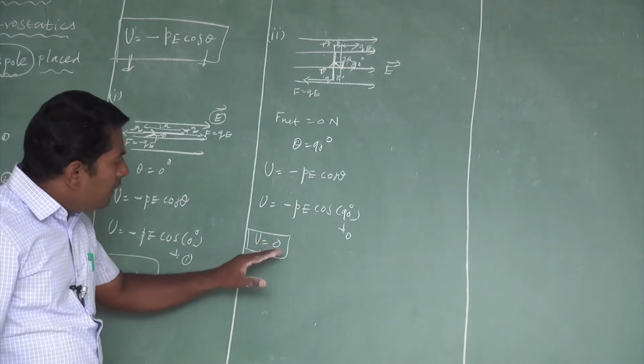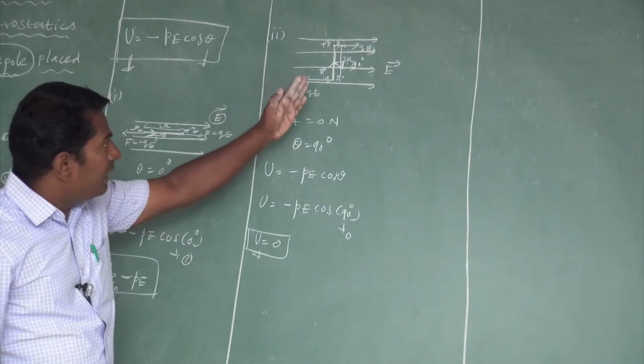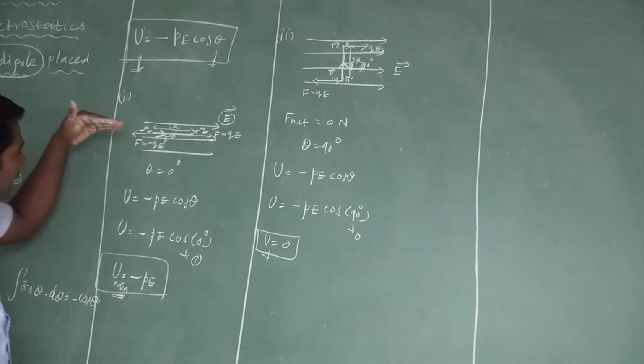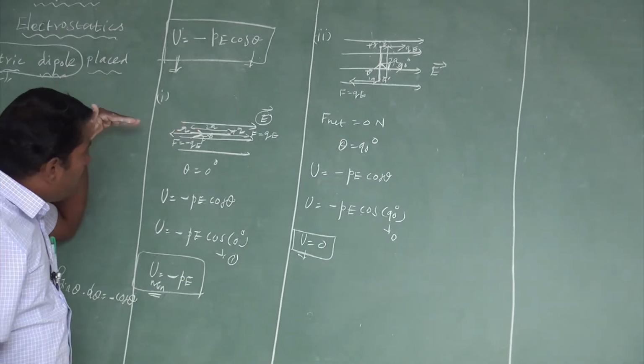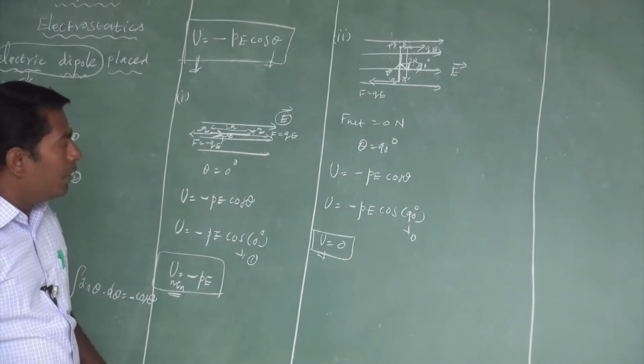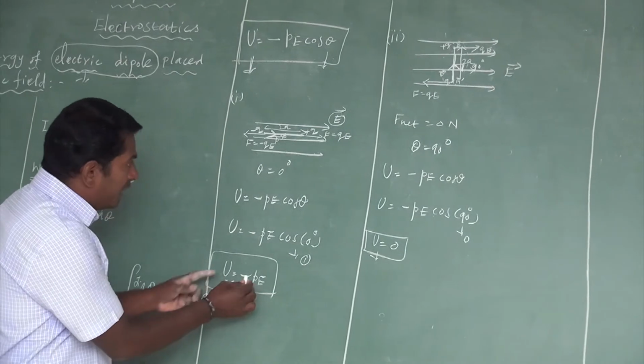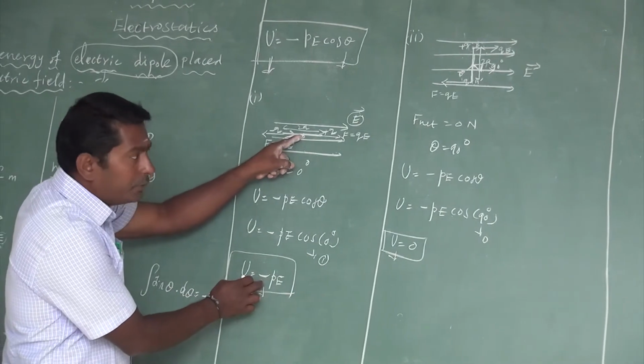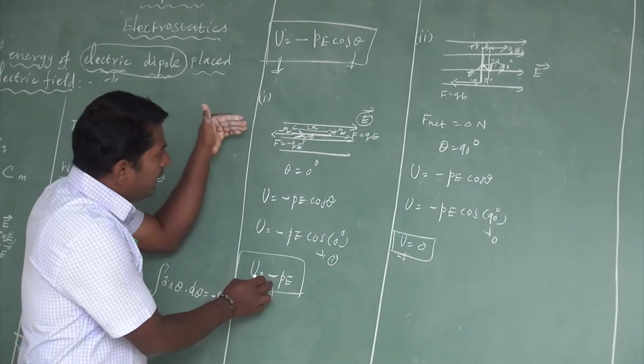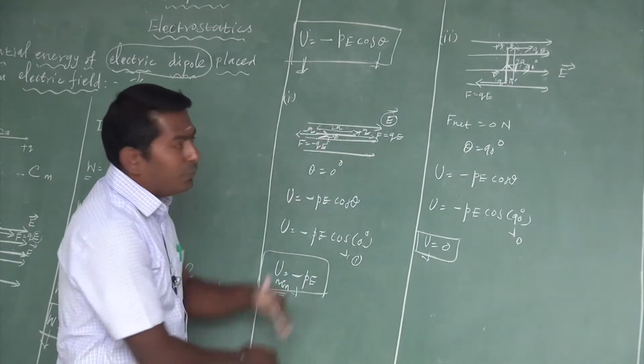But this is the greater potential energy possessed by the electric dipole when compared to if the electric dipole axis is placed along the direction of the electric field, because in that case, the electrostatic potential energy of the electric dipole is negative when the electric dipole is lying along the direction of the electric field.